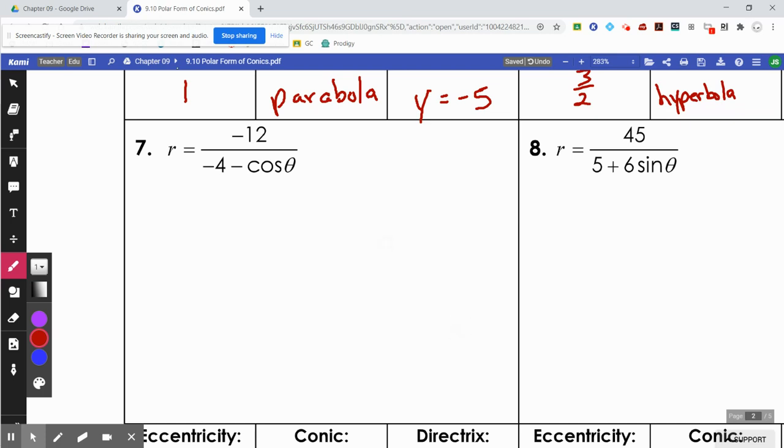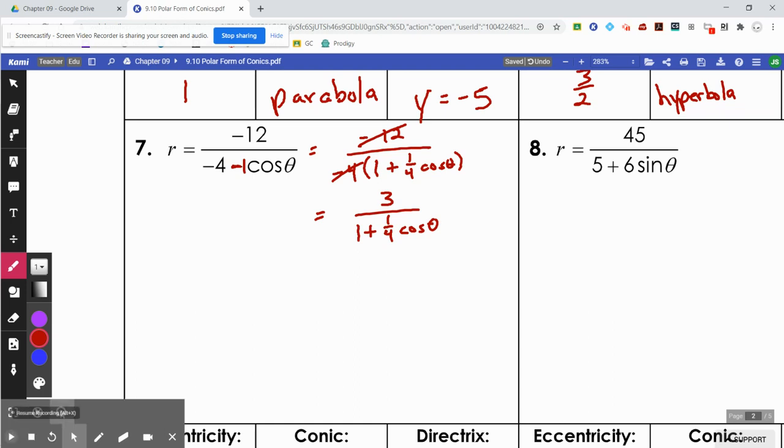Okay, number 7. Again, you have a -4 on bottom. That's going to have to be factored out. So let's write this as -12 over -4 parentheses, 1 plus, first off, because a negative times a positive will give you this negative. But what can we multiply -4 by to give us a 1? And that would be a positive 1/4 because the 4s would cancel. So you have 1/4 cosine theta. The -12 and -4 would cancel and gives you a 3 on top and a 1 plus 1/4 cosine theta on bottom.